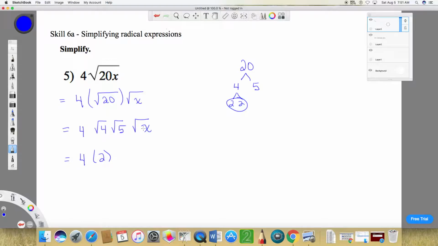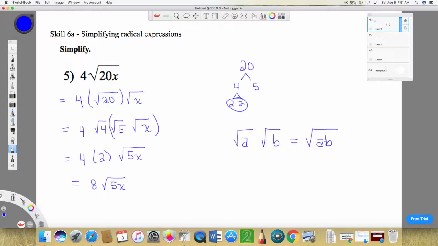And since we have these two that we can't simplify any further, they expect us to put that back together again and to put that back under the same radical. And 4 times 2 is 8. Because if we have two separate radicals and you're multiplying them together, you can put it underneath the same radical.